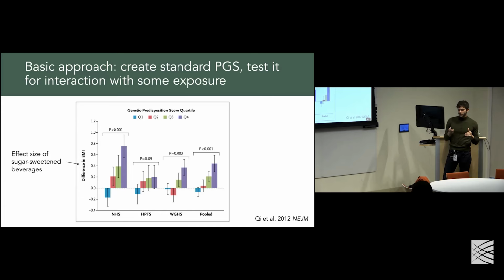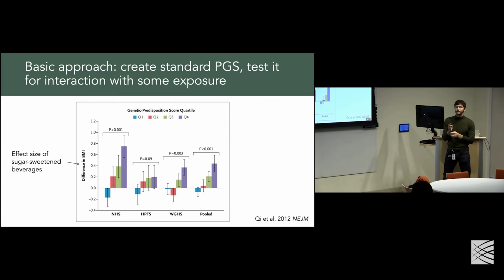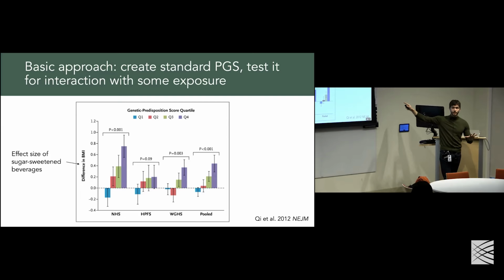So a basic approach would be to create a standard polygenic score and test it for interaction. This was a paper from 2012 that made a little bit of a splash. They were looking at different quartiles of a body mass index polygenic score, which are the different colors, for example, in the Nurses' Health Study on the left set of bars.